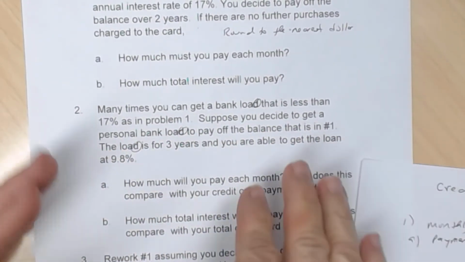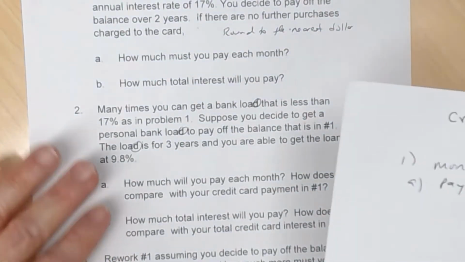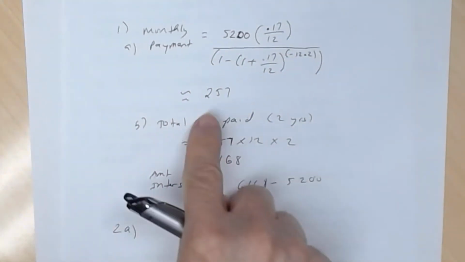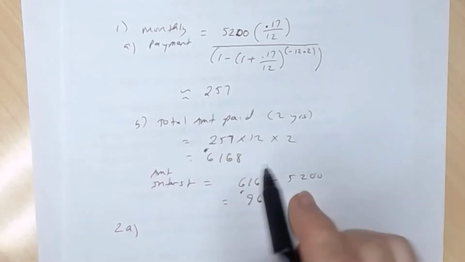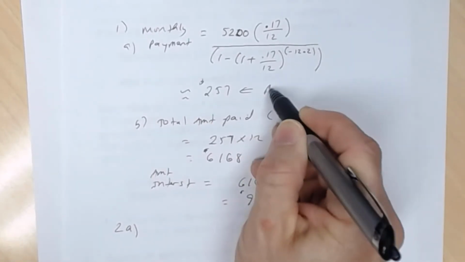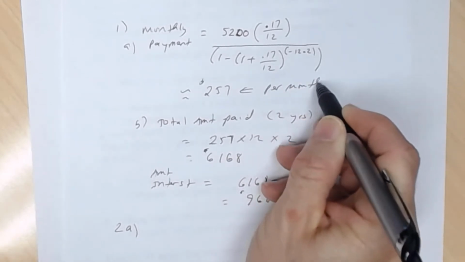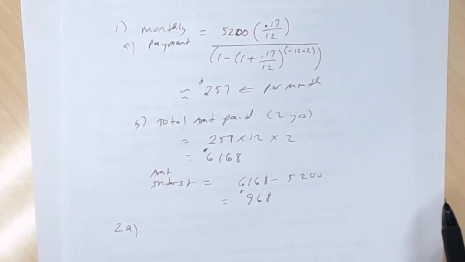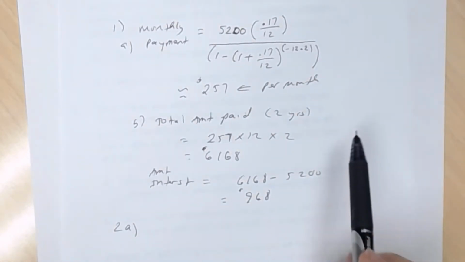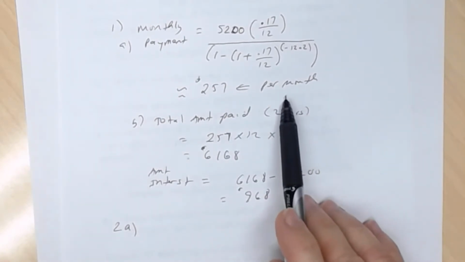But basically the reason why you may want to do that is because for many people, $257 a month, see that's per month, is still a lot of money out of their work check, so out of their income.